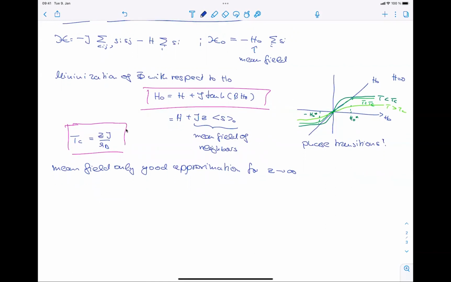Okay, and that allowed us to derive the first mean field critical exponents for the Ising model.